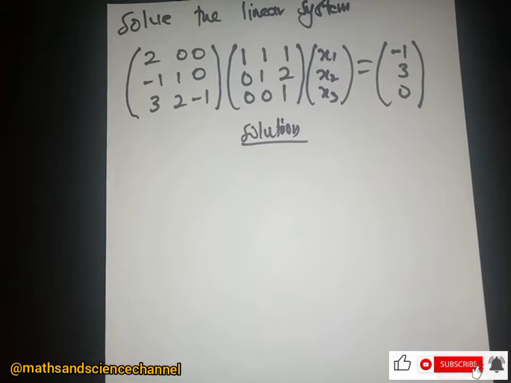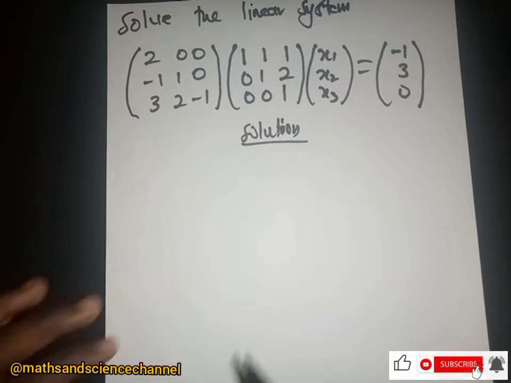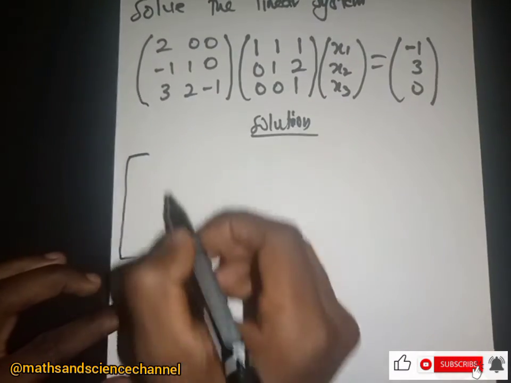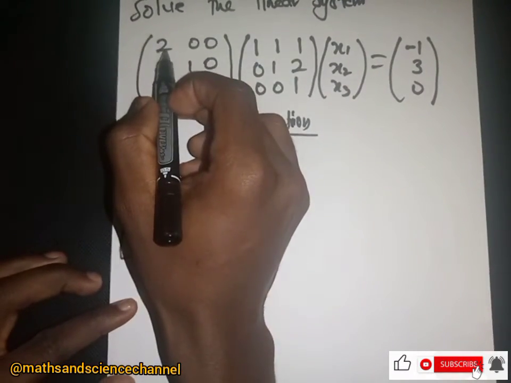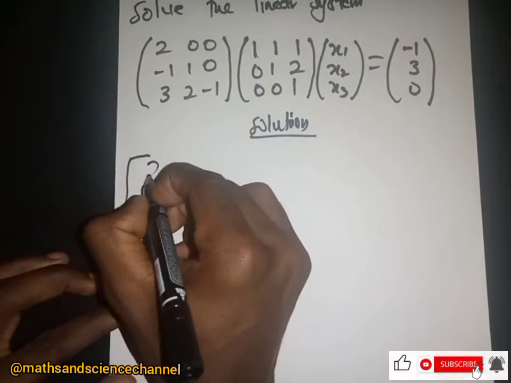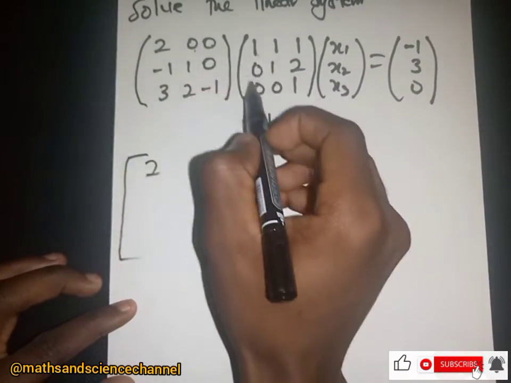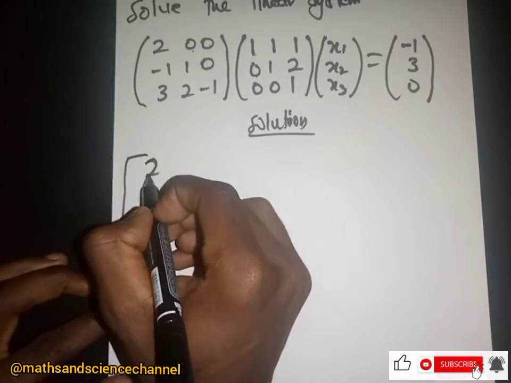First we'll do the multiplication of the matrices, and in matrix multiplication, it is row multiplied by the column. So let's do that. We have this row, 2 multiplies 1, we have 2, right? 0 multiplies 0 and another 0 multiplies 0 and goes away. So we only have 2 here.